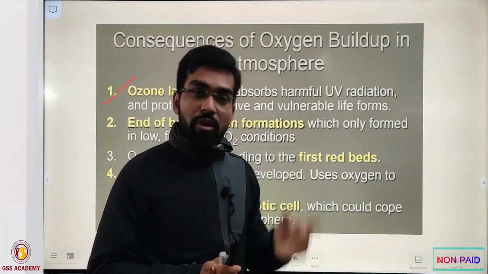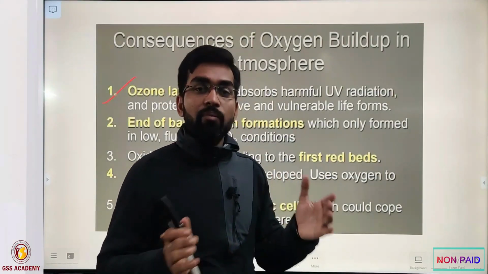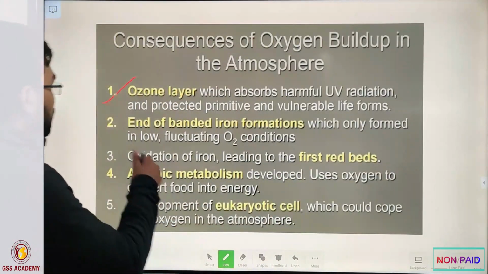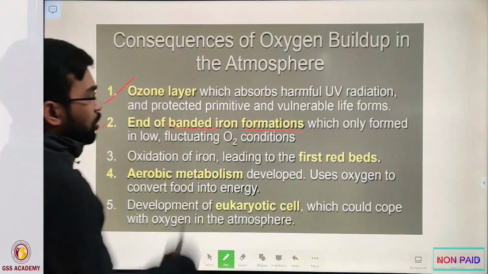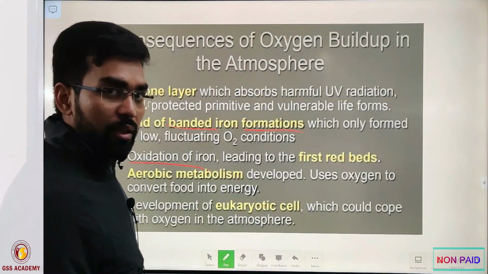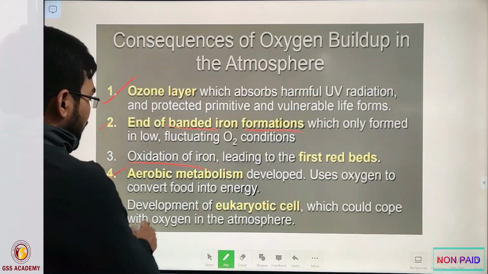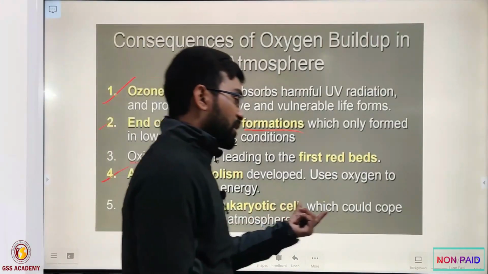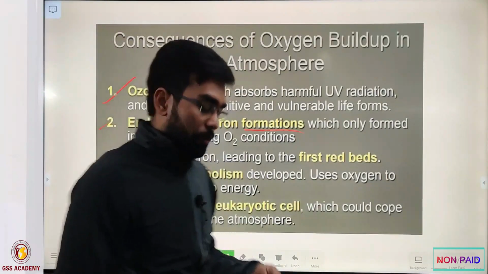So it also indicates that life first formed in the ocean near the hydrothermal vent. The second one is the end of banded iron formation. And the third one is oxidation. That also indicates the availability of oxygen, aerobic metabolism, and development of the eukaryotic cell which could cope with oxygen in the atmosphere.